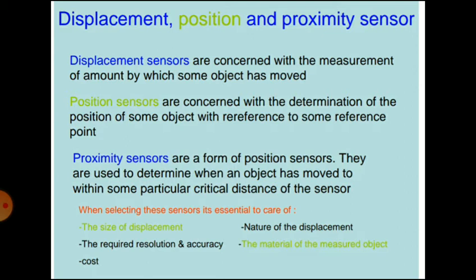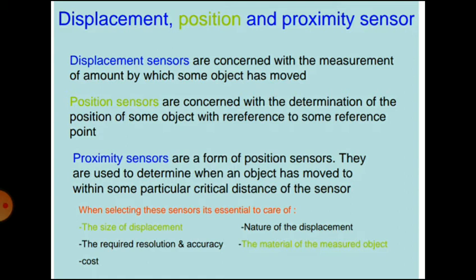Position sensors are concerned with determination of the position of some object with reference to some reference point. And proximity sensors are a form of position sensors and are used to determine when an object has moved to within some particular critical distance of the sensor.